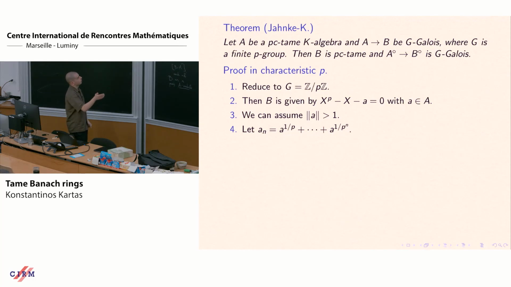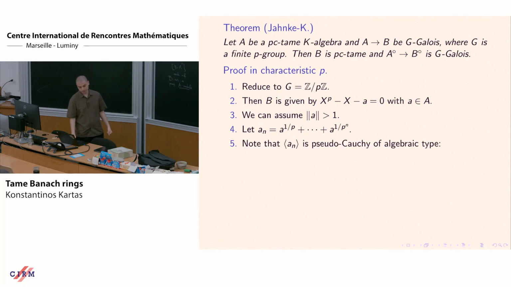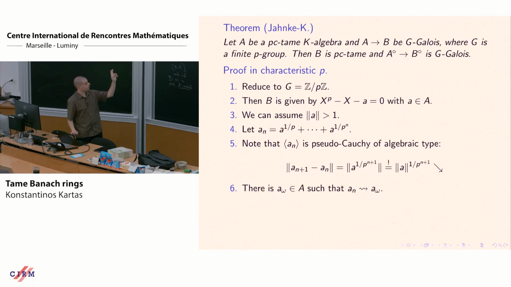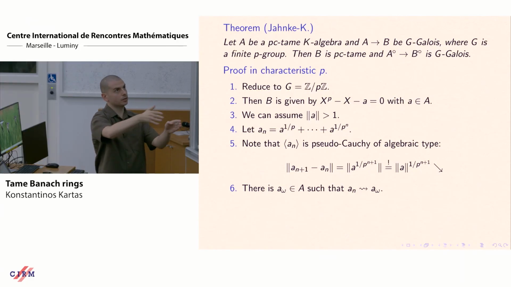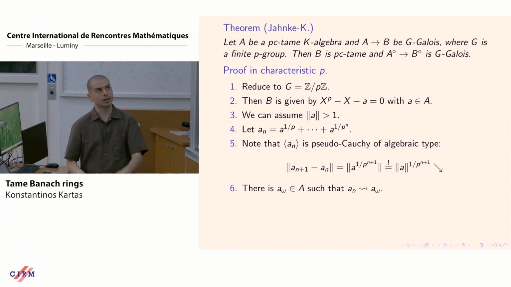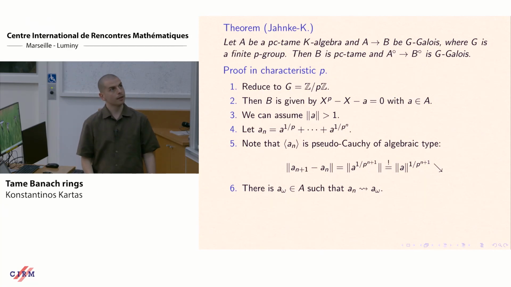So a_n is going to be a^(1/p) plus blah, blah, blah, a^(1/p^n). And note that this is a pseudo-Cauchy sequence because if you take a successive difference, so this is a key point, you get essentially only the final term because you have some telescopic cancellation going on.